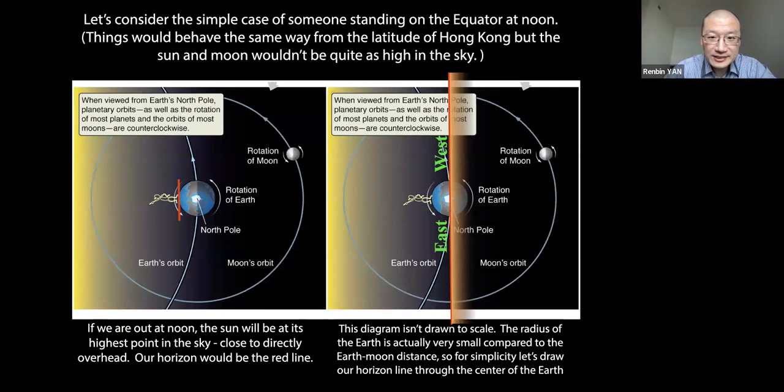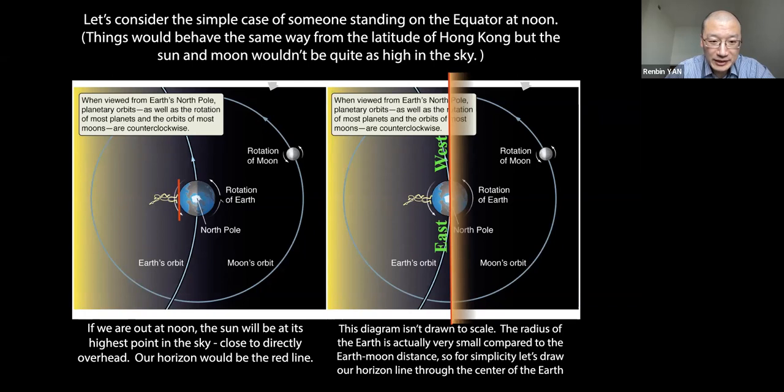Let's consider a simple case: someone standing on the equator at noon. Which side of the Earth is during the day? This side is during the day, right? Noon is when the sun is directly above your head, and this is that person standing at this time. If you're on this side of the Earth directly facing toward the sun, this is noontime.